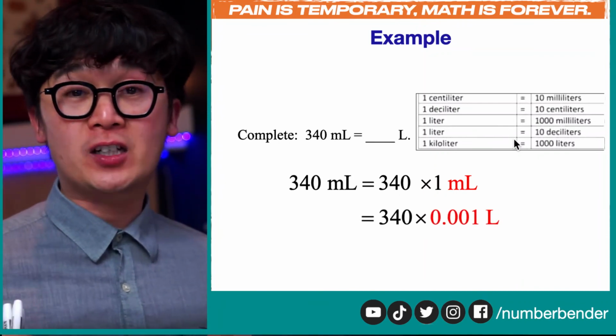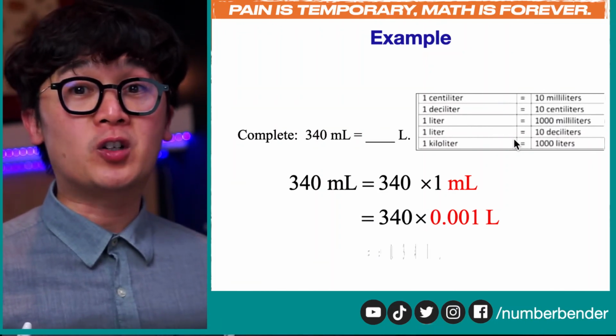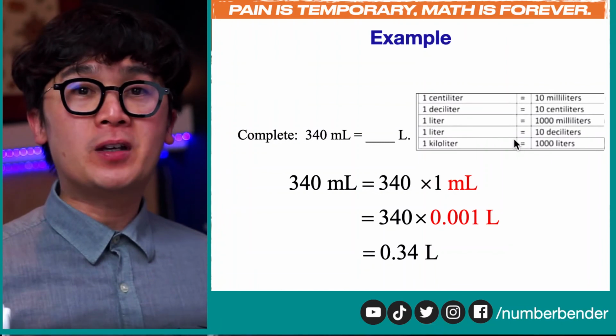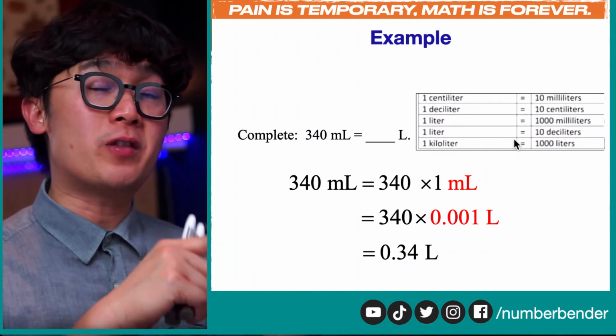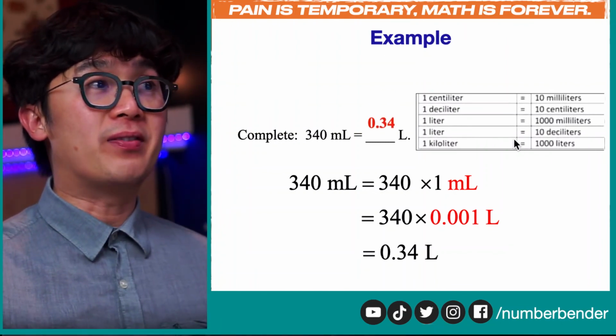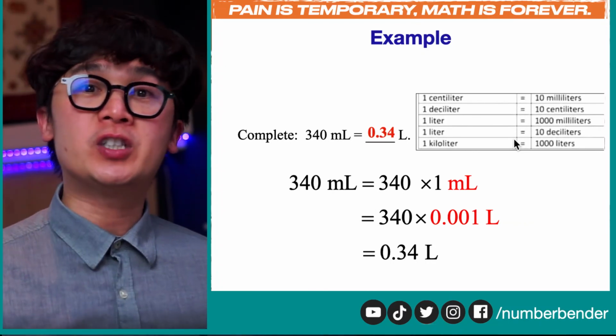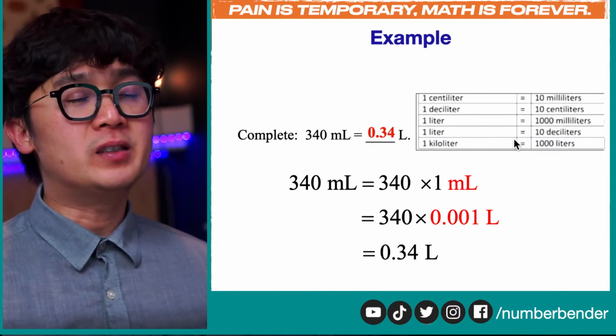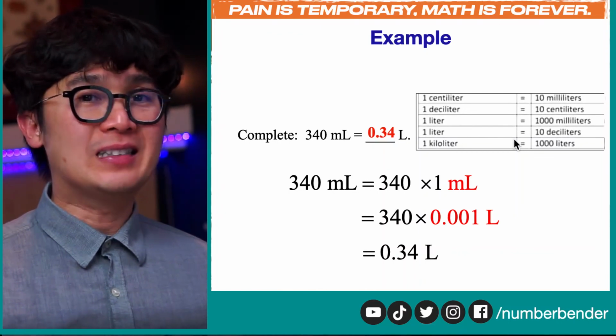And conversion factor is key. To produce our conversion factor, you just need to know how to manipulate your cheat sheet so that it will work for you. And this is our conversion from 340 ml, which is equal to 0.34 liters.